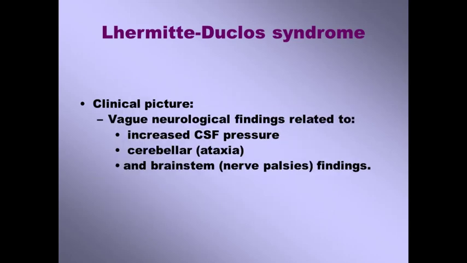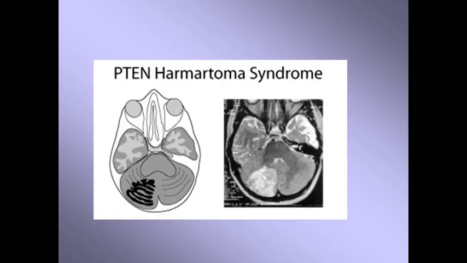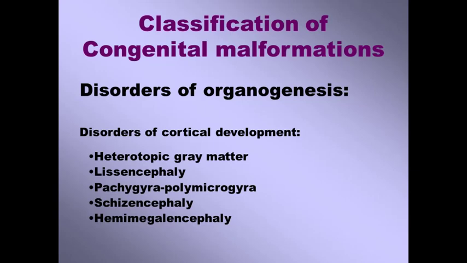Clinically, vague neurological findings related to increased CSF pressure, cerebellar ataxia, and brainstem cranial nerve palsy findings. It is associated with PTEN hamartoma syndrome.